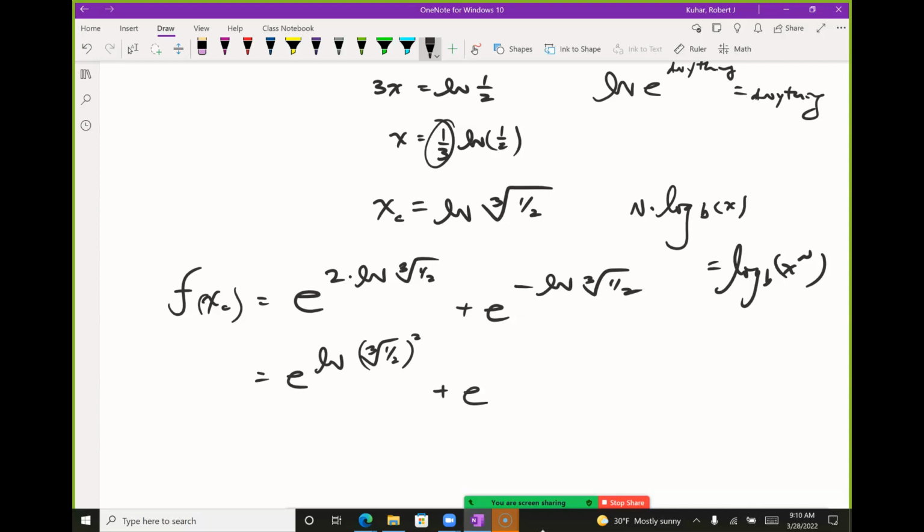Plus e to the ln of the reciprocal of the cube root of 1/2. Right? A negative coefficient is a reciprocal on the interior. And now the e and the ln just cancel each other. So I get the cube root of 1/2 quantity squared plus 1 over the cube root of 1/2.